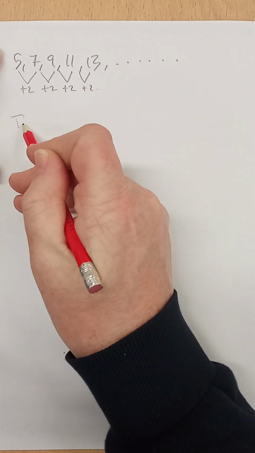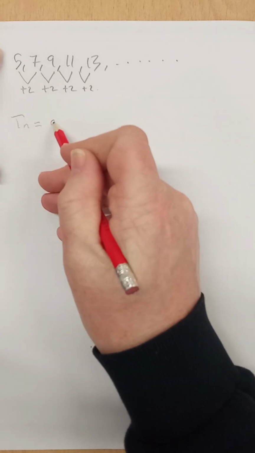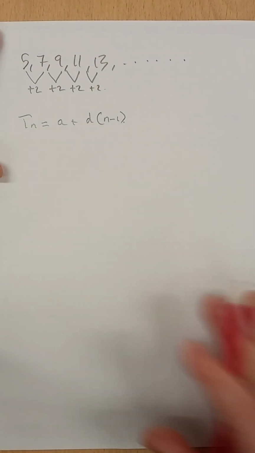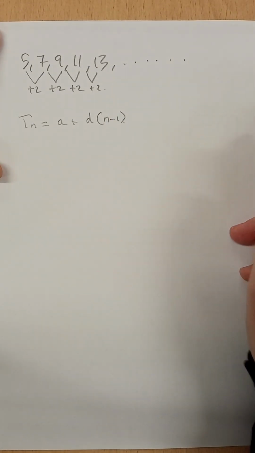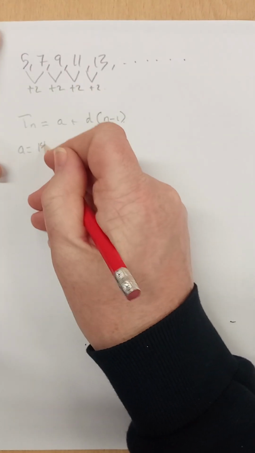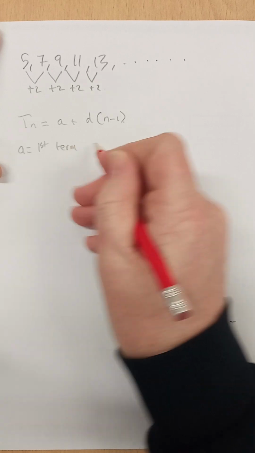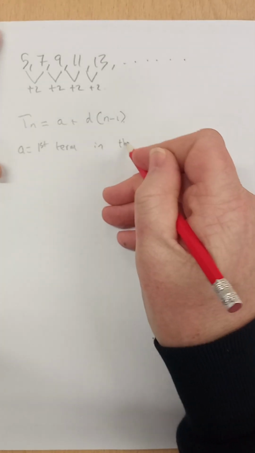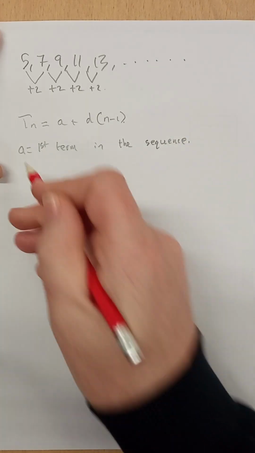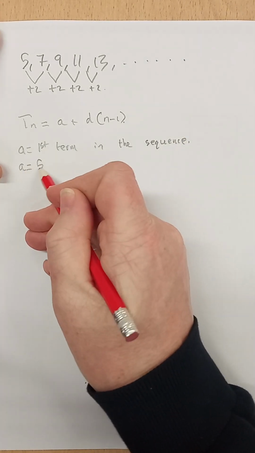And this is our nth formula. So, how do we use this formula to predict something very far up in the sequence? Well, the A is always the first term in the sequence. So in this case, A is 5.